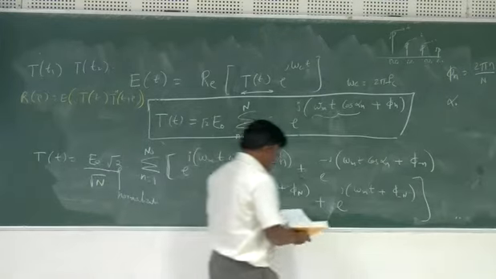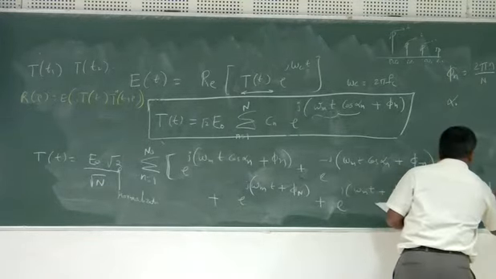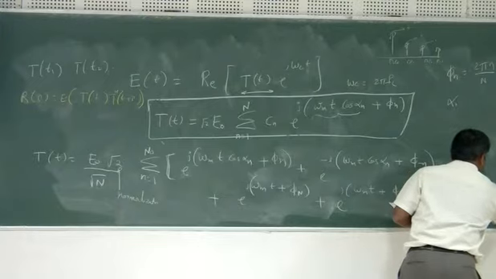And N naught is equal to 1 over 2 times (N by 2 minus 1).